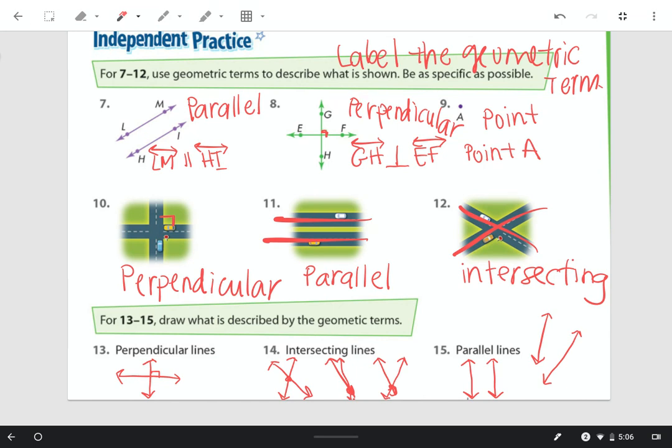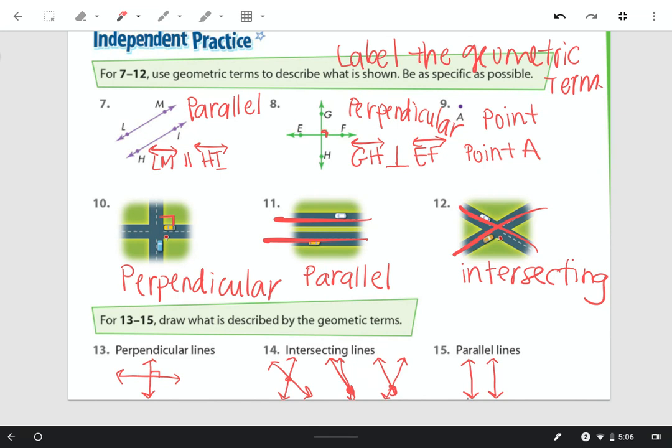If I extend these lines out, because remember, they go on forever and ever and ever, are they eventually going to cross each other? Yes, they are. So even if you have two lines that don't cross each other as they're presented to you, but if you extend them out and they might cross at some point, then they are intersecting lines.